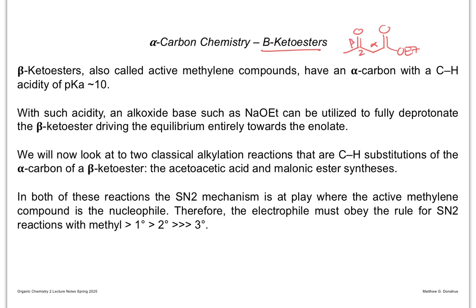The beta carbon is a carbonyl at oxidation state 2. These alpha hydrogens were more acidic. They had a pKa of 10, and that allows us to use a weak base to deprotonate them. And so what we're going to look at is abstracting an H and then substituting it there.